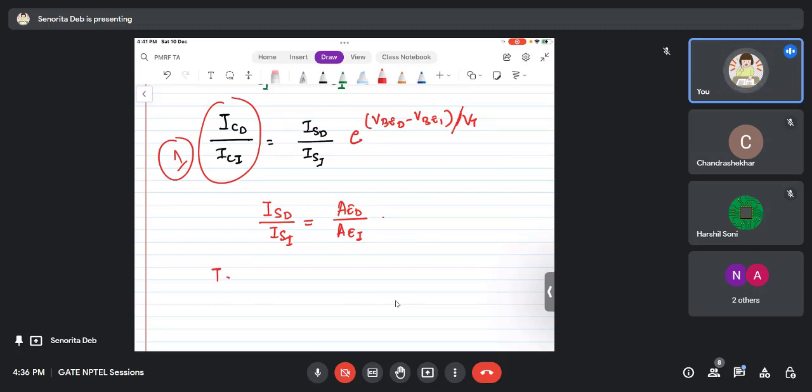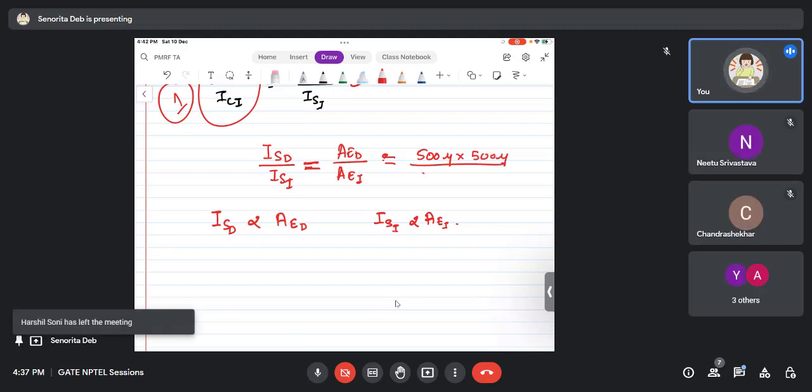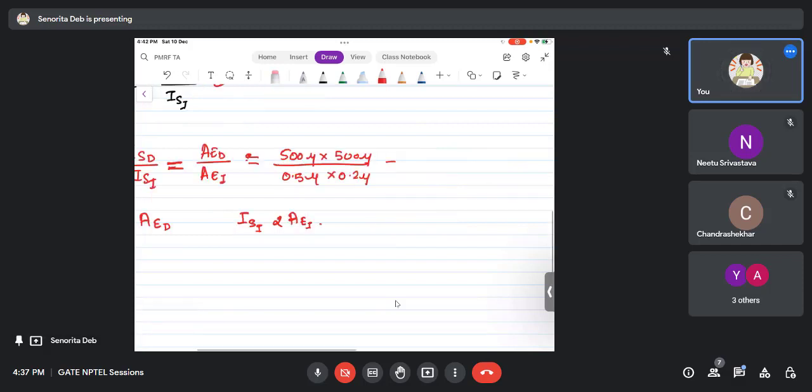We have seen that ISD is directly proportional to AED and ISI is directly proportional to AEI, so if you take the ratio it comes with an equal sign. Now this ratio is 500 micron into 500 micron upon 0.5 micron into 0.2 micron, right? So everything cancels out. What will be the answer?